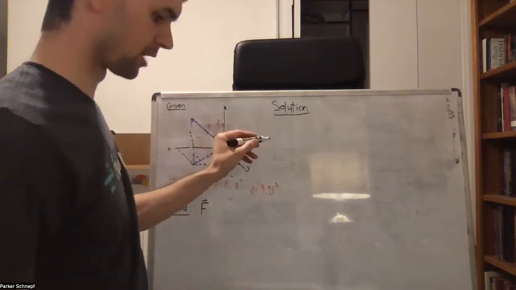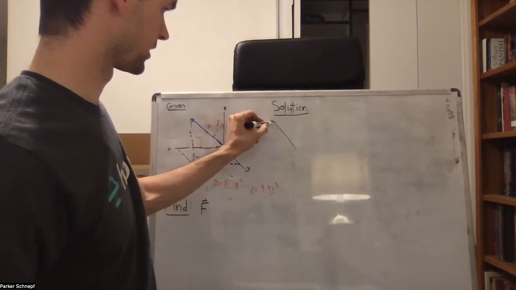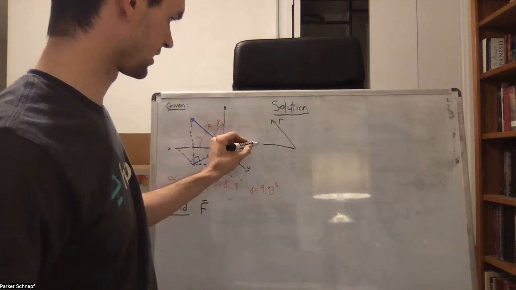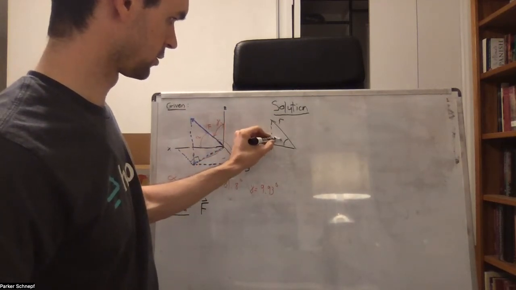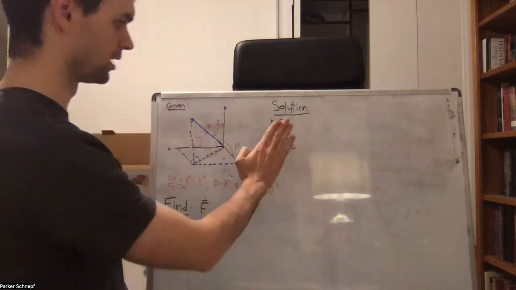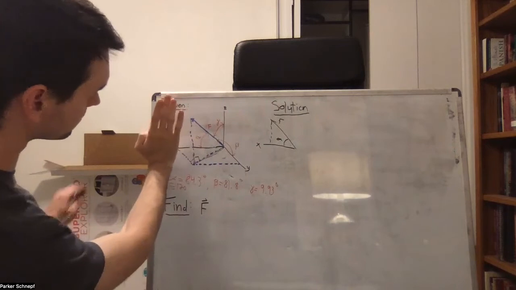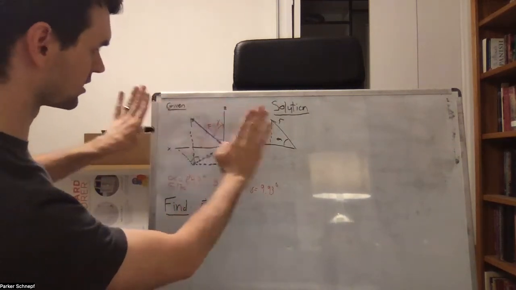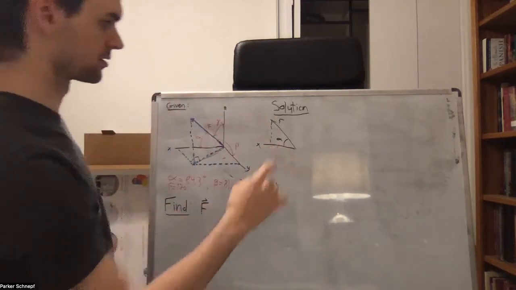So I could draw it as something like this, where say this was that F vector, and this is my x-axis, and this would be the angle alpha. So if I were able to look at it at the right angle, so that this angle alpha was just in the plane, I could reorient it to look like this.